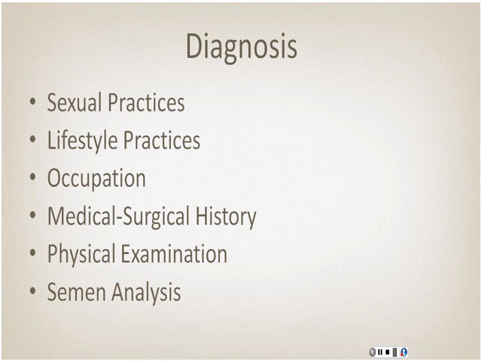Medical surgical history, so again, have they had a surgery like vasectomy or those other surgeries that cause problems with retrograde ejaculation? Have they had any sexually transmitted infections? Do they have any endocrine problems? Have they had cancer or chemotherapy? That's just some of the information that you may gather.